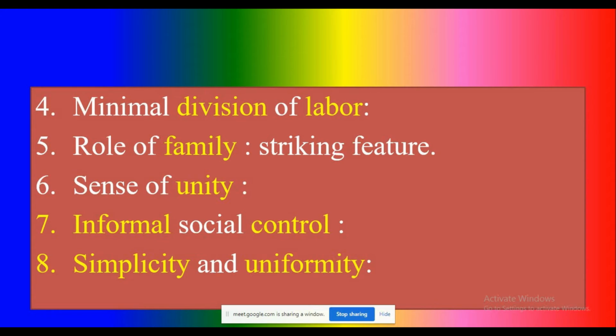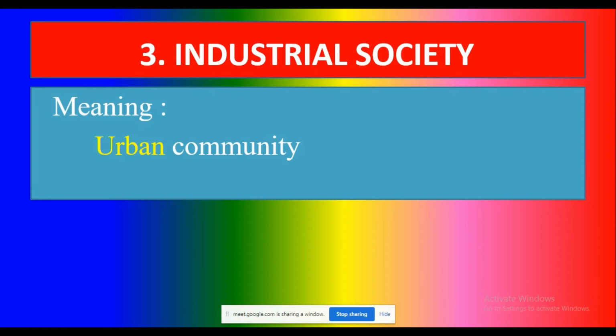Next, uniformity. The culture, mainly food habits, way of dressing, code, and pattern of behavior is unique and uniform. Then industrial society.